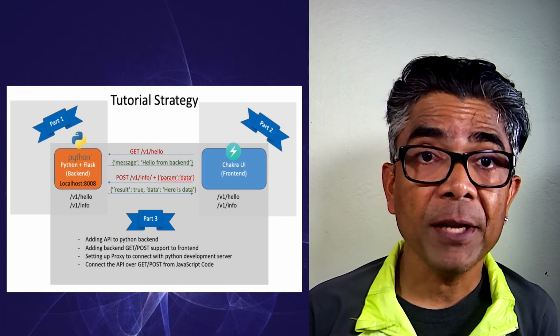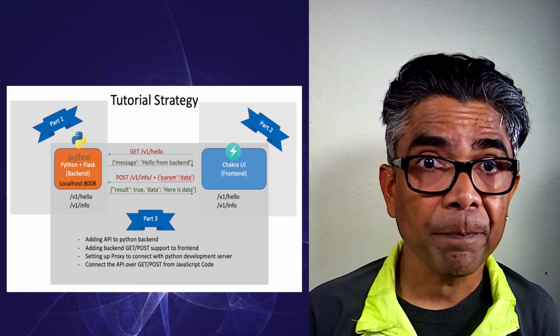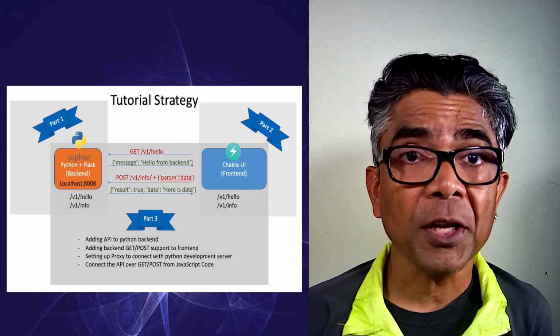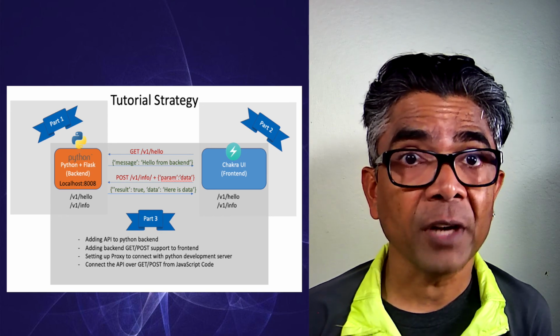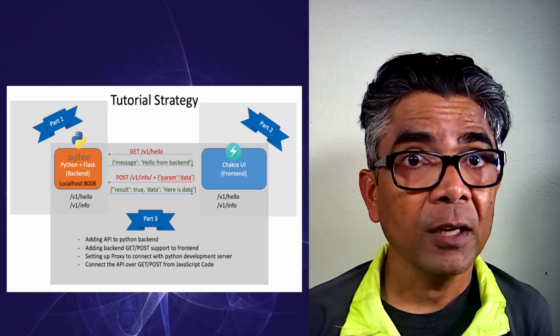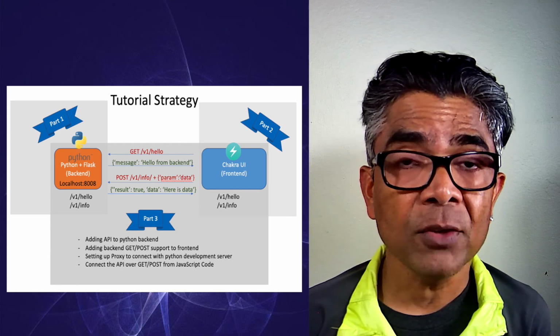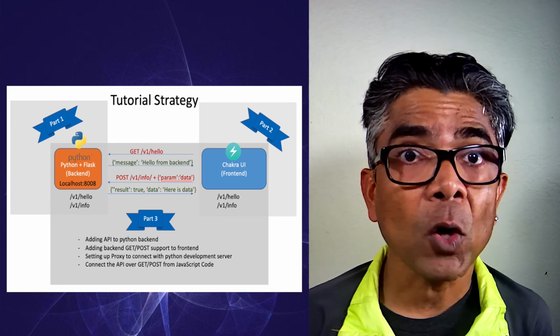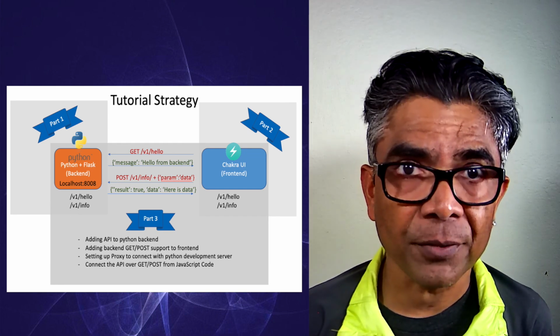So we have completed 2 parts now. In this part 2, we have created the Chakra UI based front end, which has routes and folders built in so that we could access any specific page using its own route. In this example, we have created index or home and data page routes.